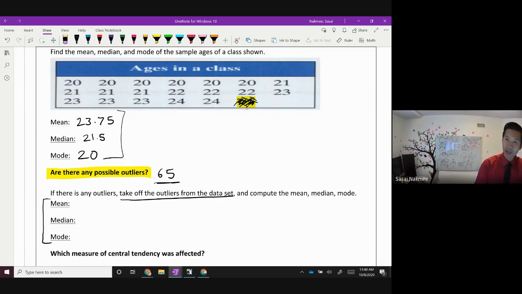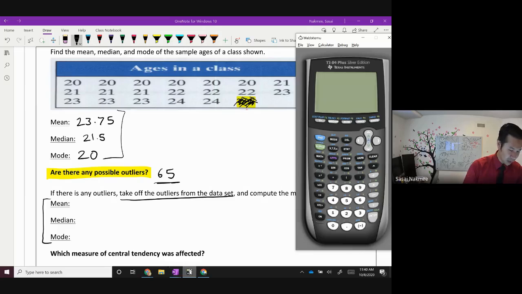If you calculate all these, add it together and divide by, now be careful, you don't divide by 20 for this mean. If I take out the 65, you need to make sure you divide by 19, because there's no longer 20 if I take out the outlier, right? My sum came out to be 475 before, but if I take out the 65, my new sum would be 410.